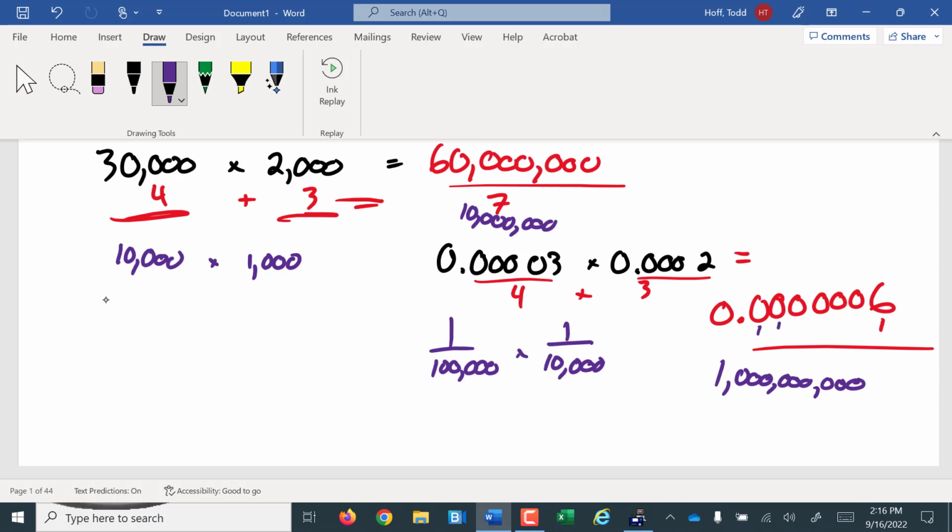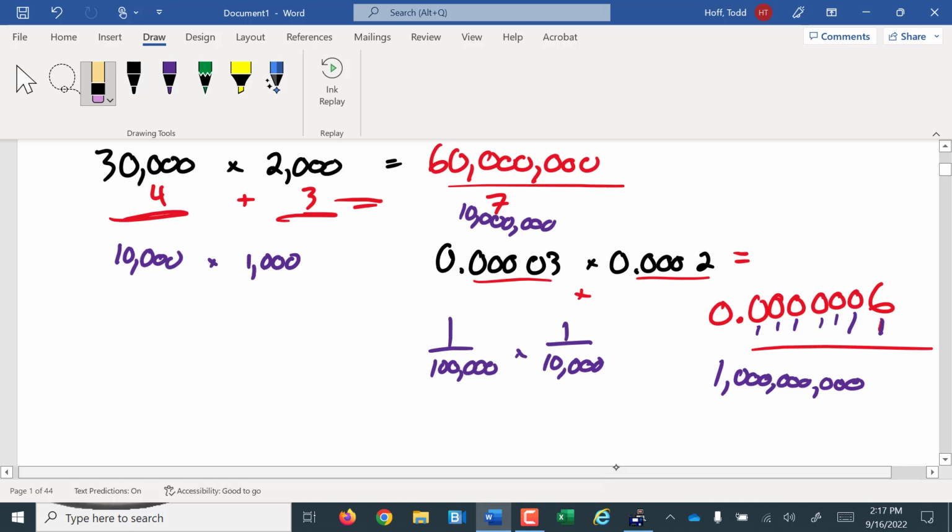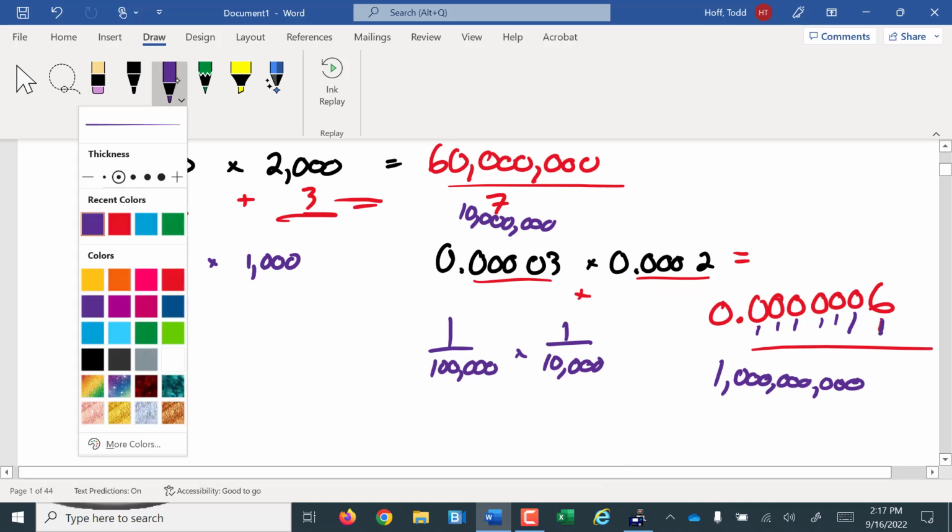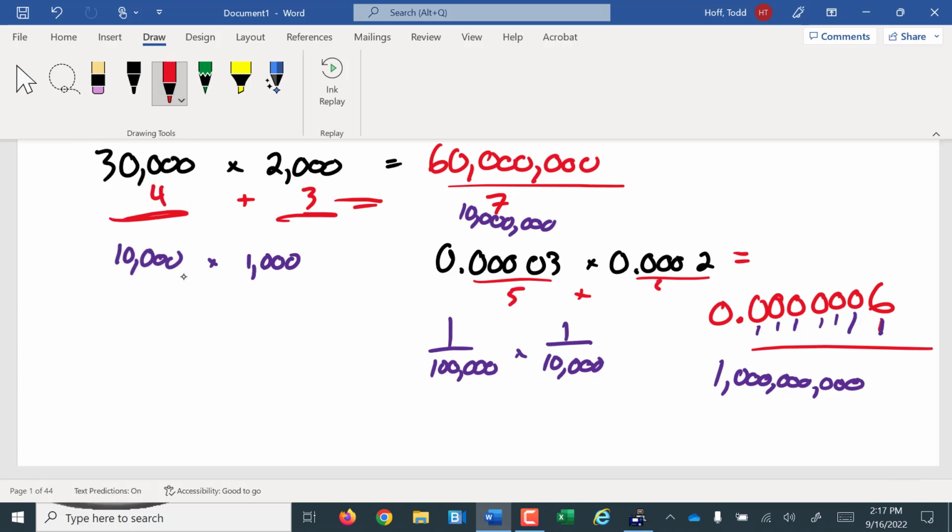This is tenths, hundredths, thousandths, 10,000ths, 100,000ths, 1 millionths, 10 million. Something went wrong there. I have an extra zero in there, don't I? Yes, I do. No, I don't. What did I get wrong? Oh, I counted my decimal places wrong. That's why. You were correct when you said 9. This should have been 5, and this should have been 4.